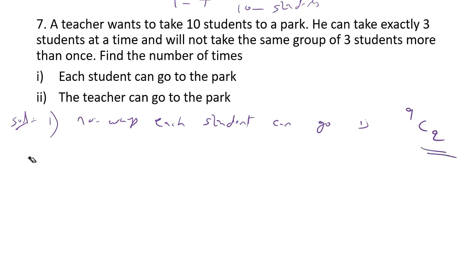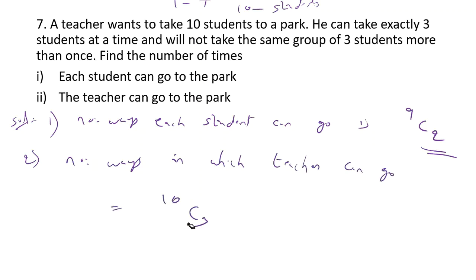Next, the number of ways in which the teacher can go is equal to 10 choose 3. Why does the teacher have these many options? The teacher is fixed, students are not fixed. So if he wants to go to the park, he has to select 3 students out of 10 students.